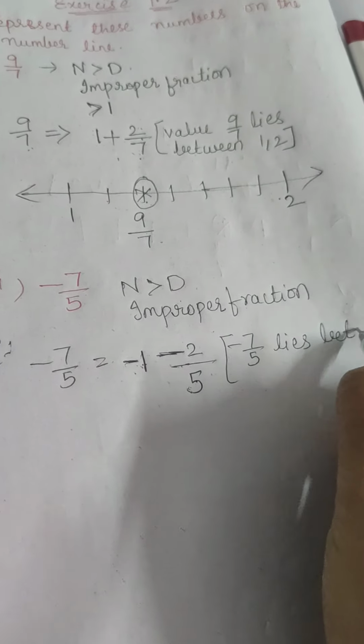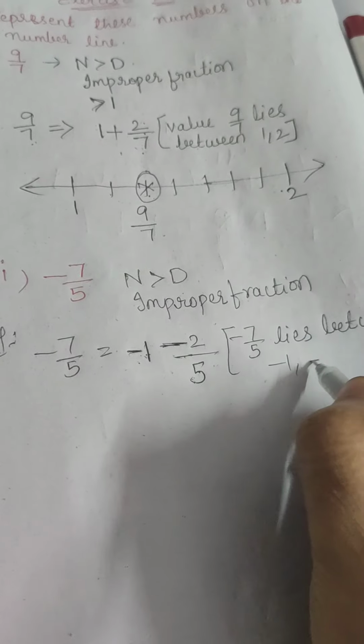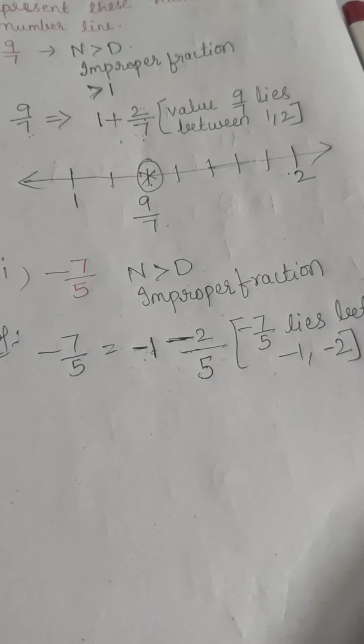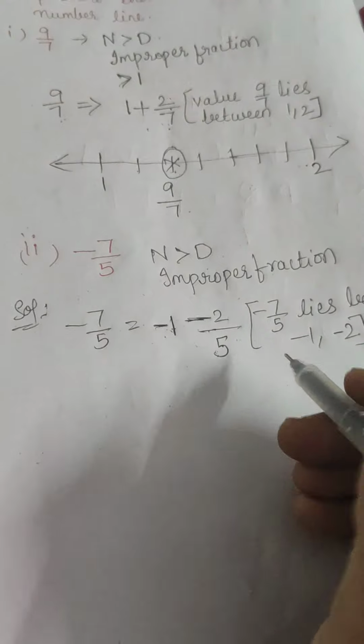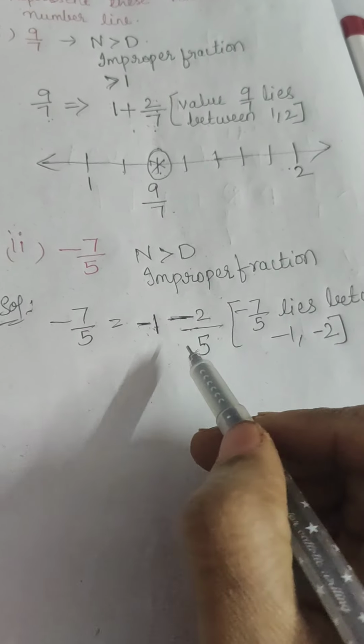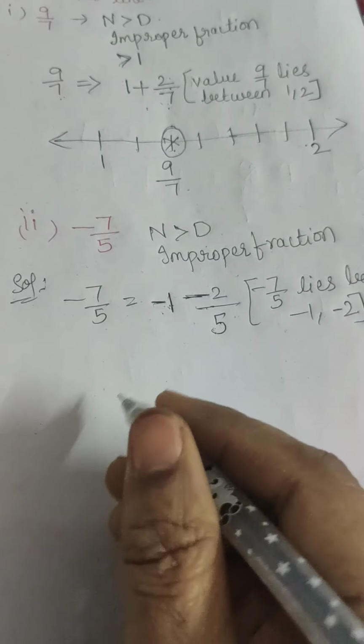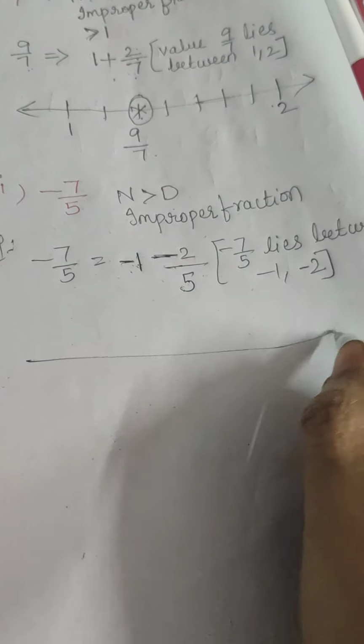Minus 7 by 5 lies between minus 1 and minus 2. Very easy concept. Just convert it into mixed form, and then we can know between which values this rational number lies. Now I am drawing a number line.